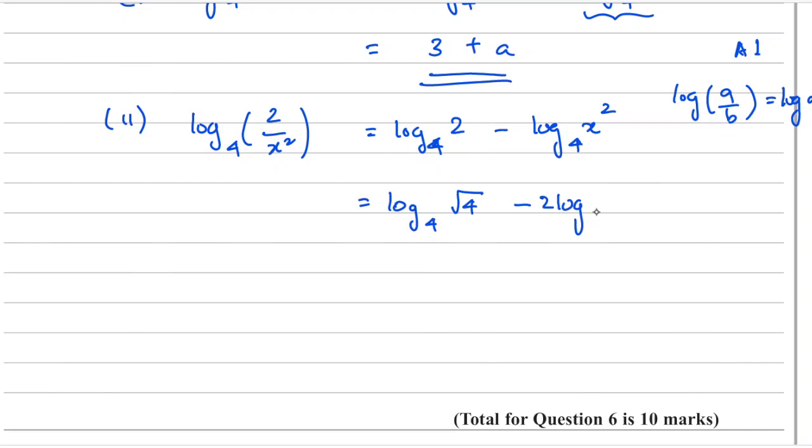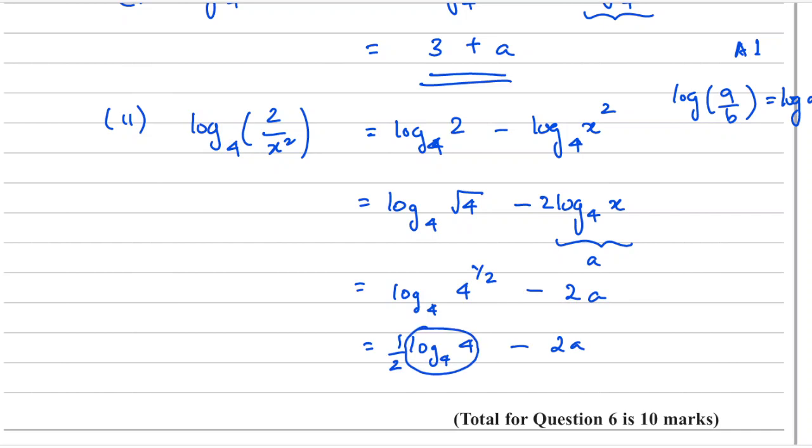Log x to the base 4 is nothing but a, and the 2 I can write as 4 to the power half, so that is log of 4^(1/2) minus 2a. And this half I can bring to the front by the power rule, which makes it half times log 4 to the base 4, which is equal to 1. So that gives me half minus 2a as the final answer.